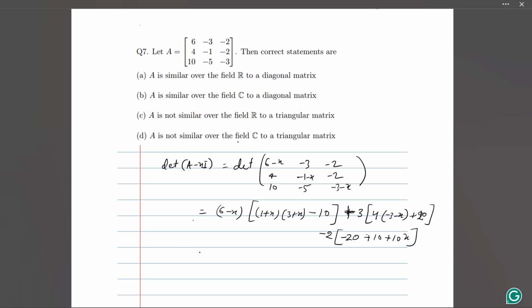Okay, so what will it become? 6 minus x inside 3 plus x square plus 4x minus 10, plus into minus 12 minus 4x plus 20, minus 2, minus 20, plus 10 will become minus 10 plus 10x.